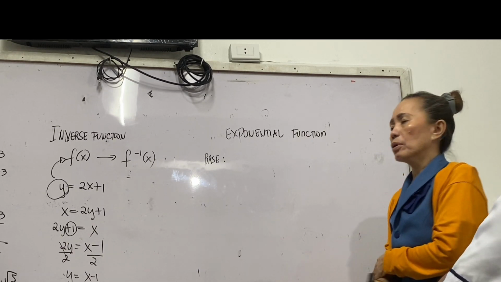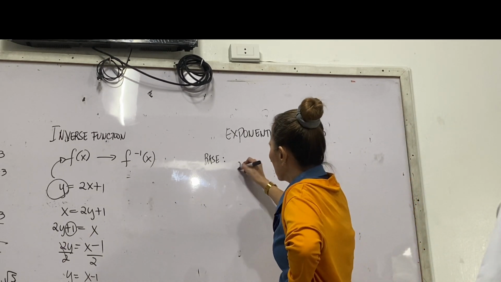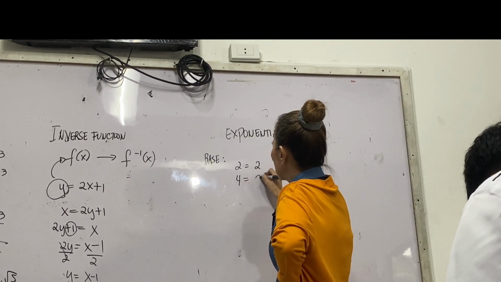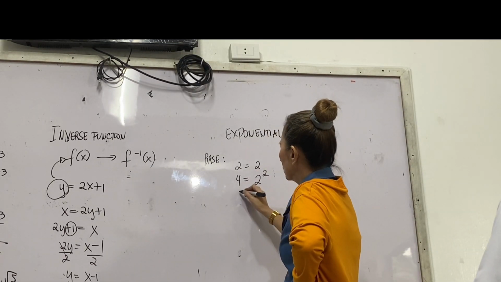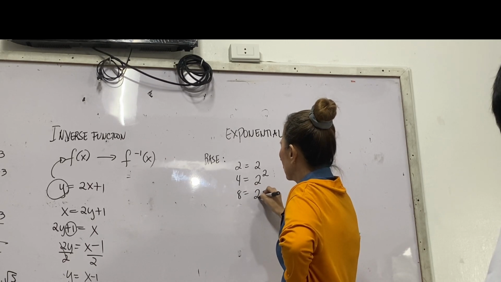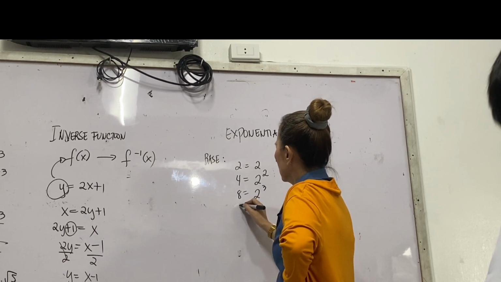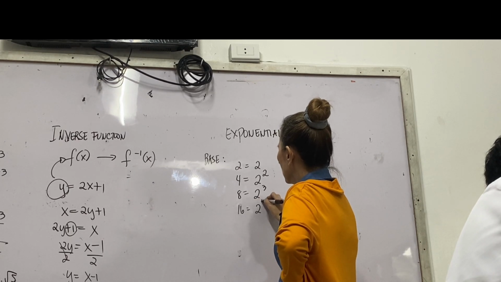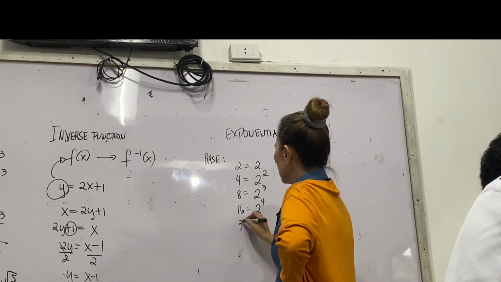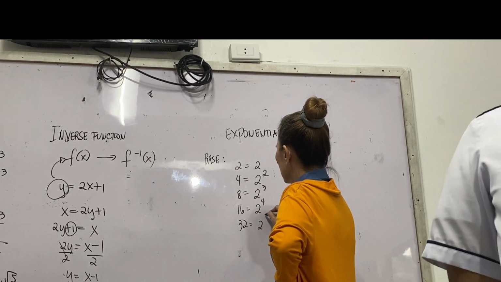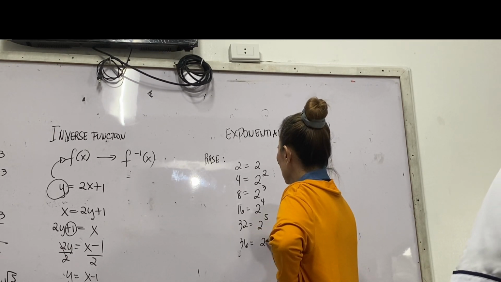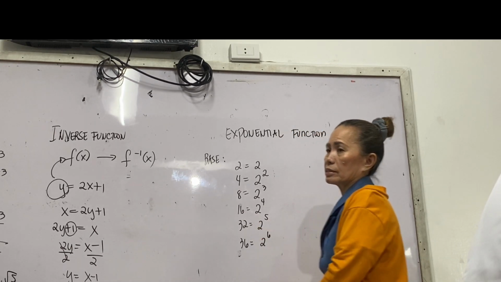So we have 2 means 2. 4 means 2 raised to 2. 8 means 2 raised to 3. Then we have 16 means 2 raised to 4. 32 means 2 raised to 5. 64 means 2 raised to 6.